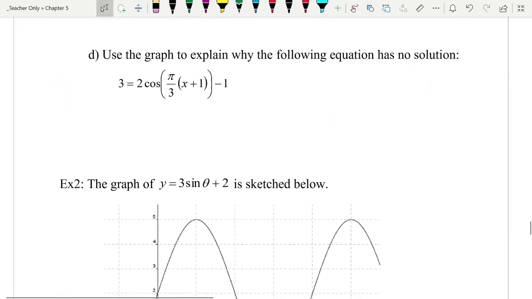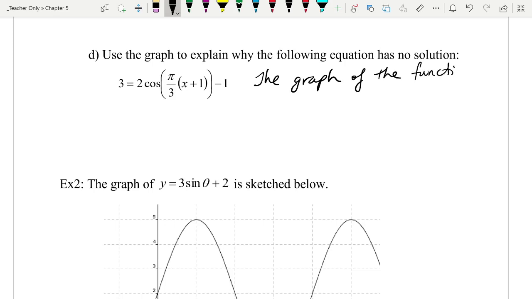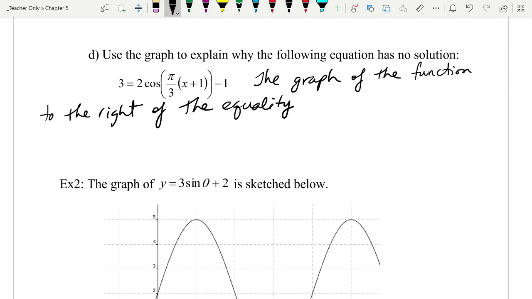So what would I explain here? I would say something like, the graph of the function to the right of the equal sign, I'll just say the equality, has a maximum lower than 3.